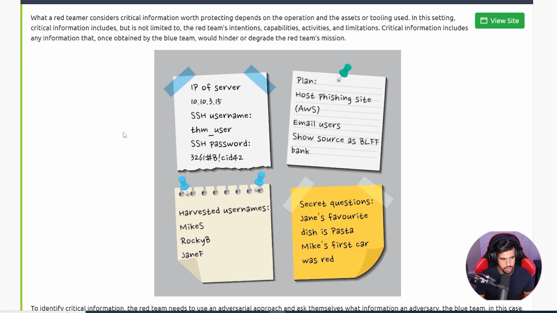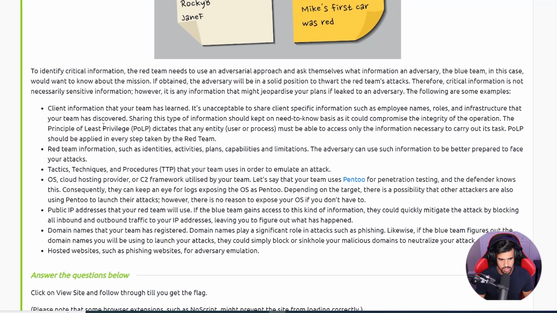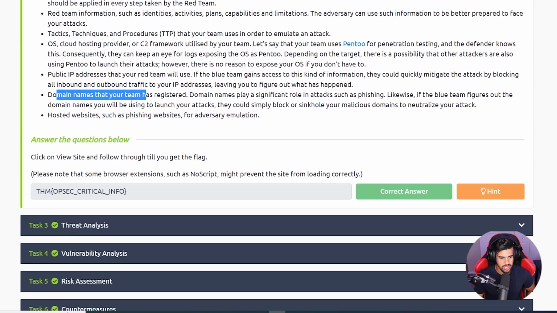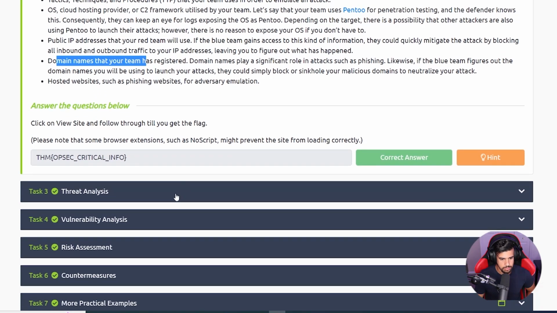The blue team is the opposition for us, right? So we really need to make sure that we keep our critical assets safe from these defenders. And it goes on about some of these critical assets here. We talk about the public IPs, also domain names that our red team has registered, because that is really critical for carrying out our phishing attacks and things like that. Any hosted websites, anything like that would be deemed critical.